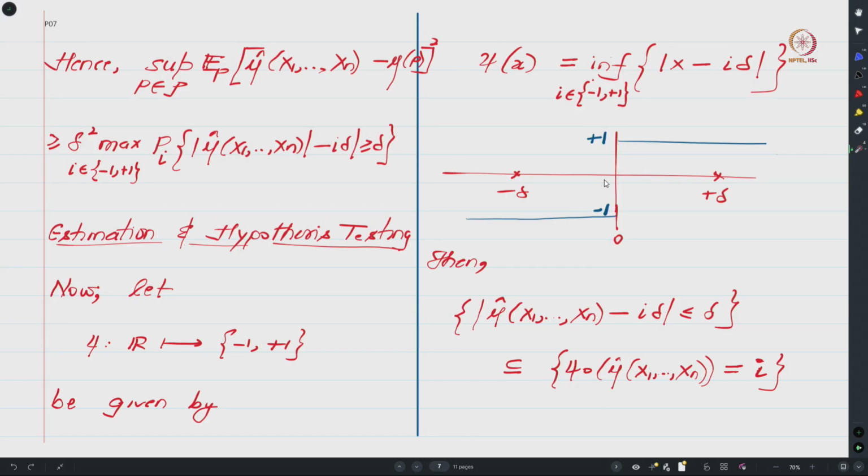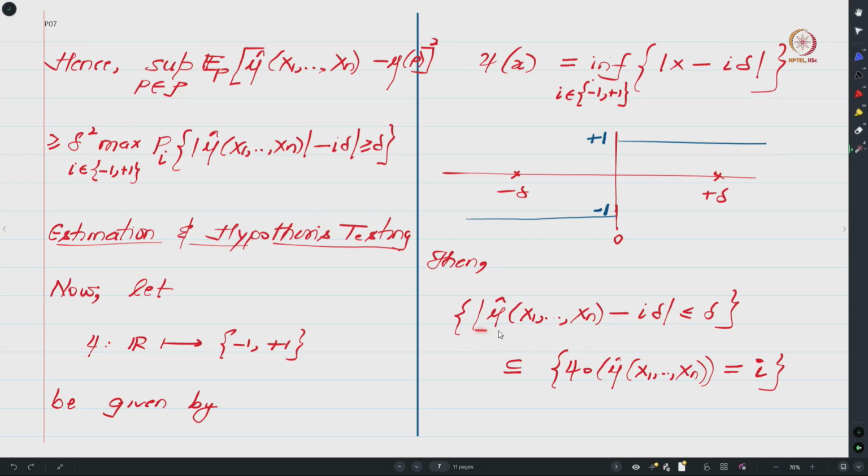Is this okay? So now from this definition of psi, I hope you agree that, let us say mu hat, whatever your estimation rule is, comes up with some estimate of the mean of the underlying distribution, and let us say this difference is less than or equal to delta.